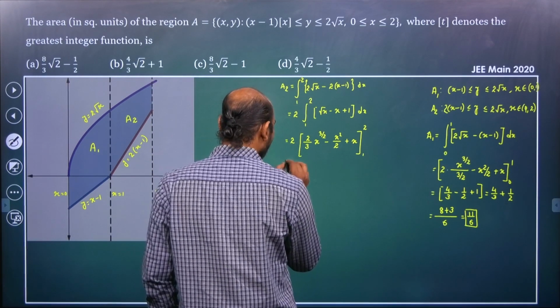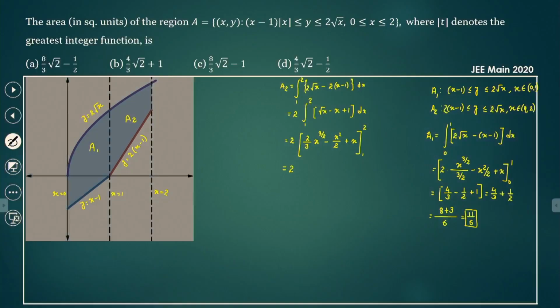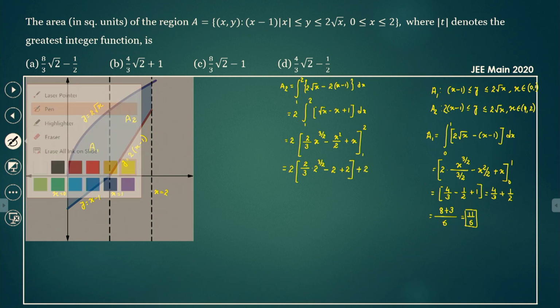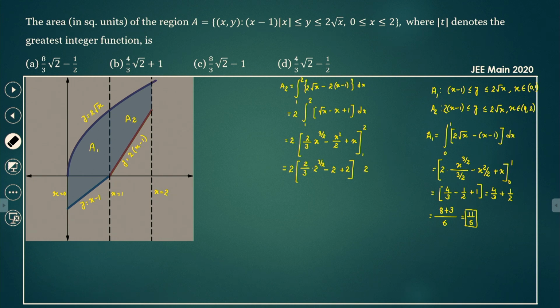Let's go ahead. Substituting, we get 2 by 3 times 2 to the power 3 by 2, minus 2 squared by 2, which is 2, plus 2. Sorry, not plus, it should be minus sign. I made a mistake, so it's minus 2. Now we put the value 1: 2 by 3 minus half plus 1.